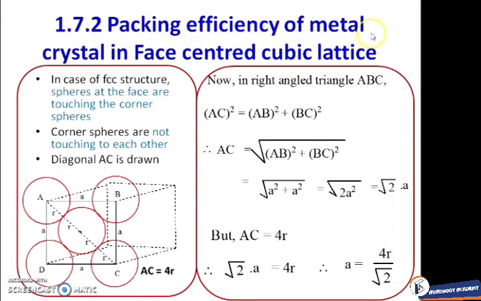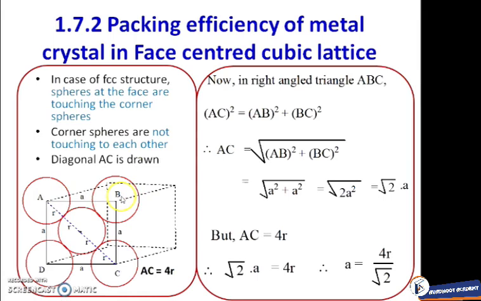Now packing efficiency of metal crystal in face-centered cubic lattice. In case of face-centered cubic lattice, spheres occupy the corners and the center of each face. But the important thing is that the spheres present at the faces are touching the corner spheres, but the corner spheres are not touching each other. You can see this diagram.